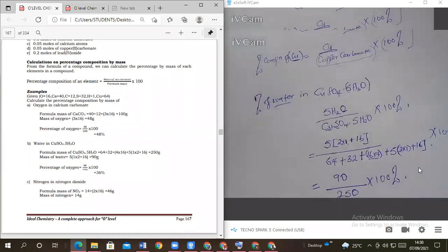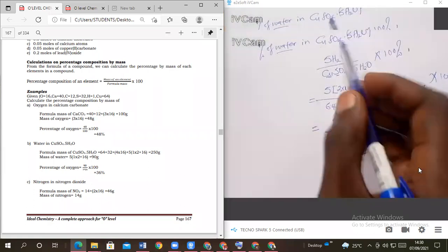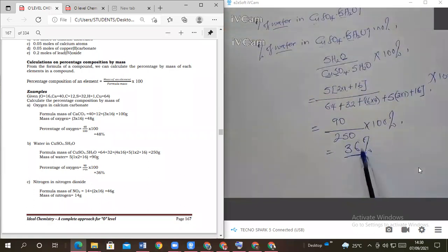So 90 divided by 250 times 100 is the same as 36%. So the percentage composition of water in this compound is 36%. Is it clear?